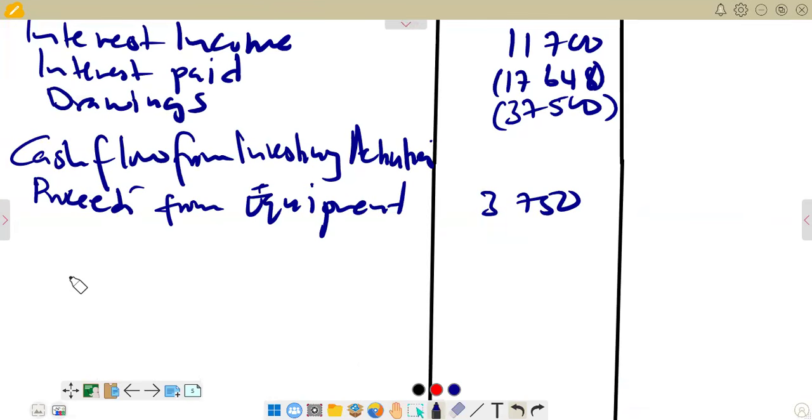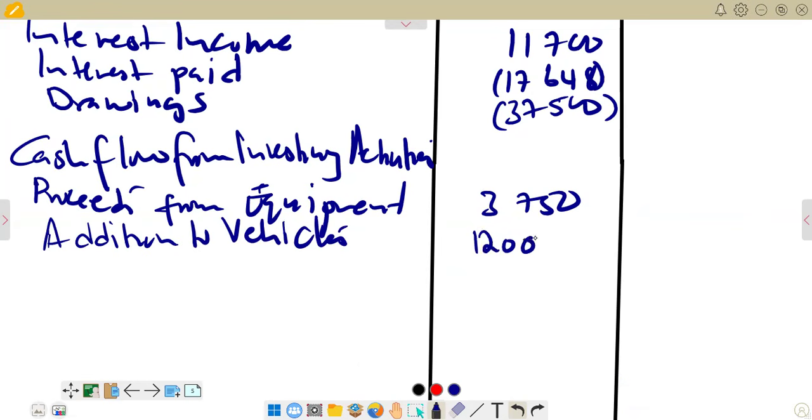So you come here, we say addition to vehicles, and the amount that we have there is 120,000. So it's 120,000 in brackets, as this is an outflow.